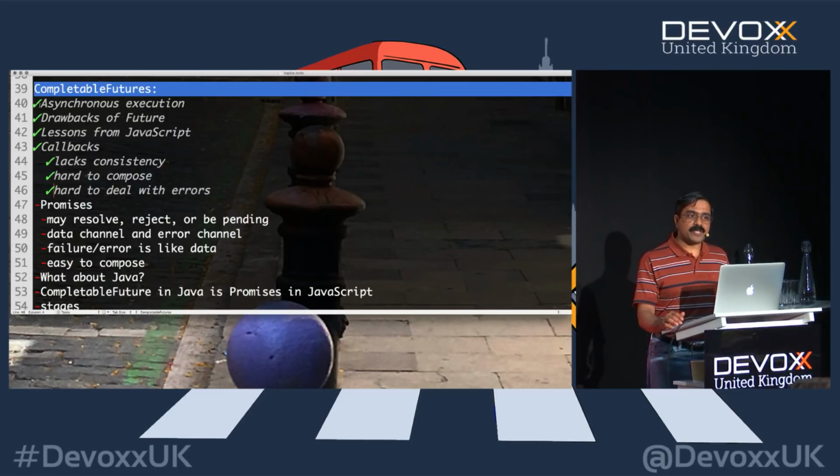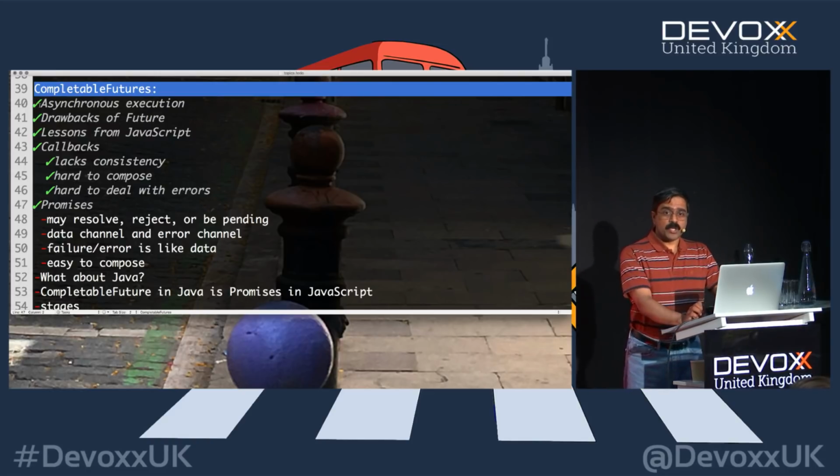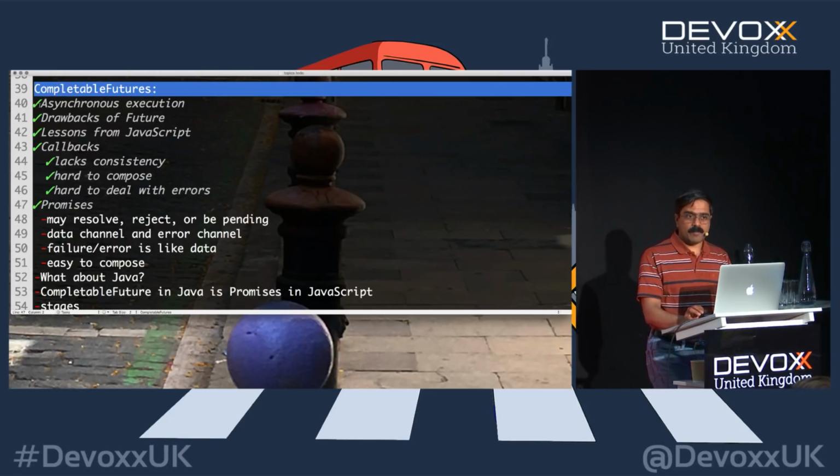So what did the JavaScript world do? The JavaScript world moved to using promises. So in JavaScript, we have what are called promises. So what's a promise in JavaScript? In JavaScript, a promise may be in one of three states. It may be in a resolved state, it may be in a rejected state, or it may be in a pending state.